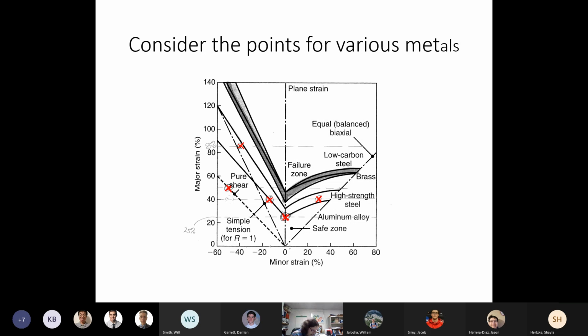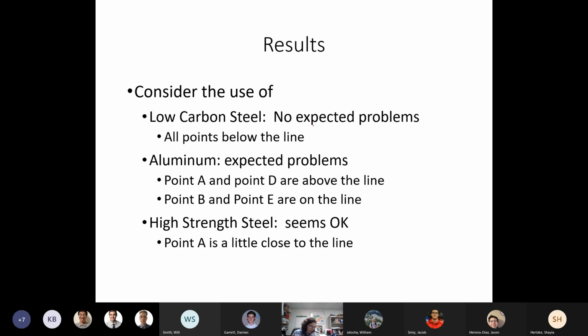If I look at my material up here, everything is below the line. So for low carbon steel, everything looks good. All the points are below the line. All the points are in that safe region.